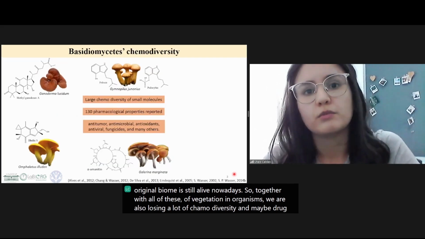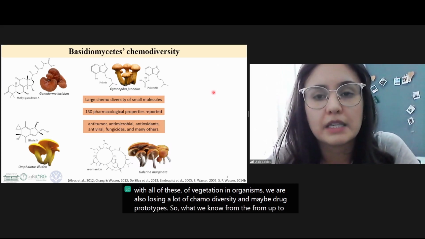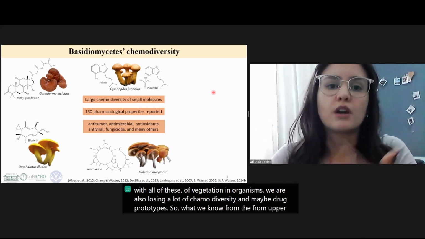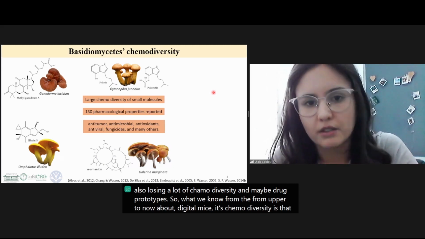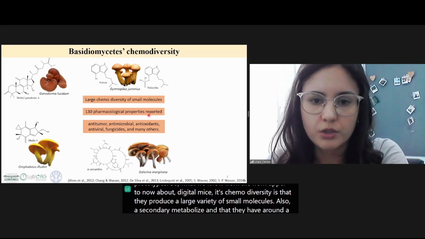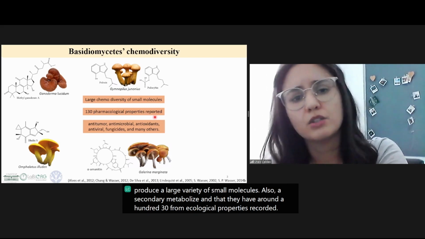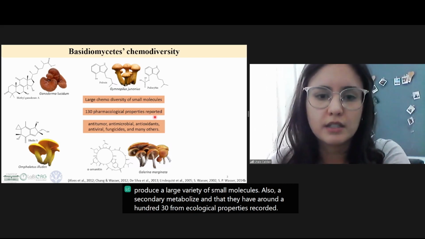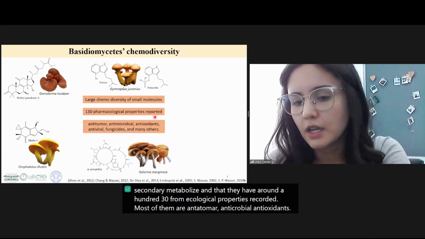What we know up until now about basidiomycete chemodiversity is that they produce a large variety of small molecules, also known as secondary metabolites, and that they have around 130 pharmacological properties recorded. Most of them are anti-tumor, antimicrobial, antioxidants, and many other pharmacological properties.